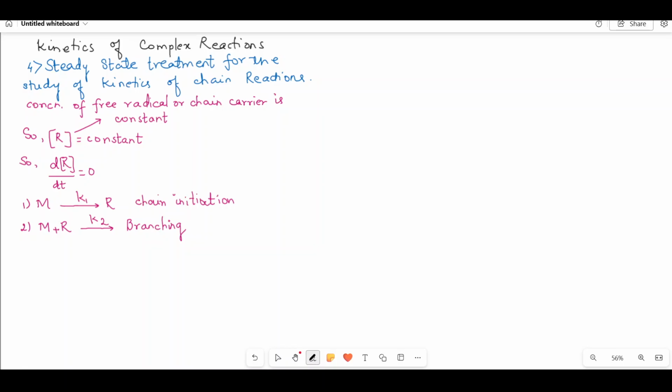Continuous reaction keeps happening. Now M plus R further, after branching, after propagation, finally it will form the product.